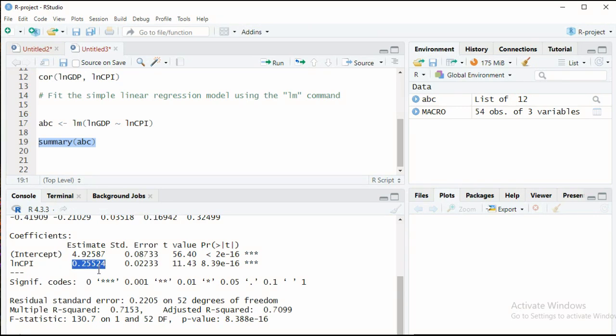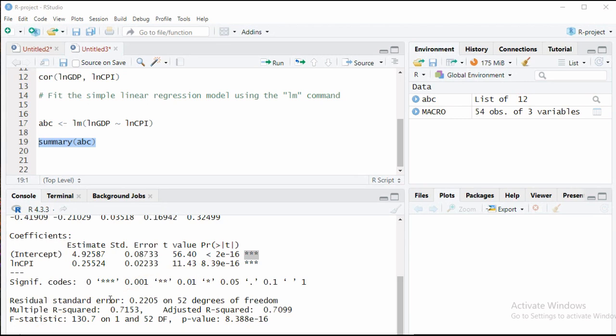Therefore, 1% increase in the rate of inflation increases economic growth by about 0.26%. Next to the estimated coefficients, you have here significance codes, and the three stars indicate statistical significance at 0%.